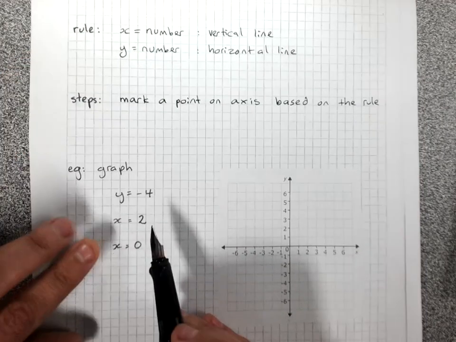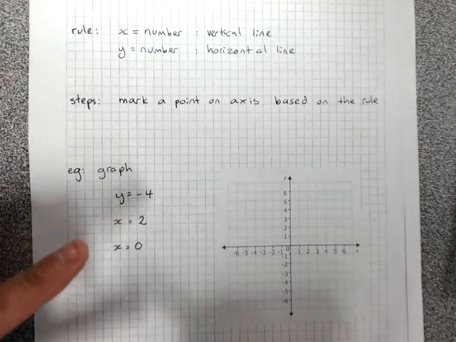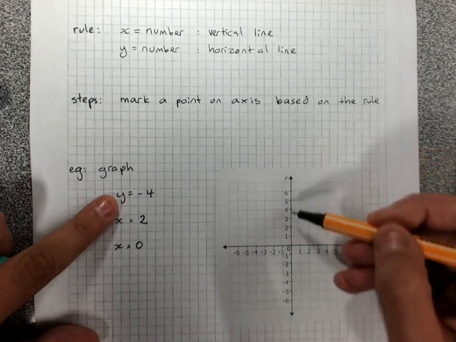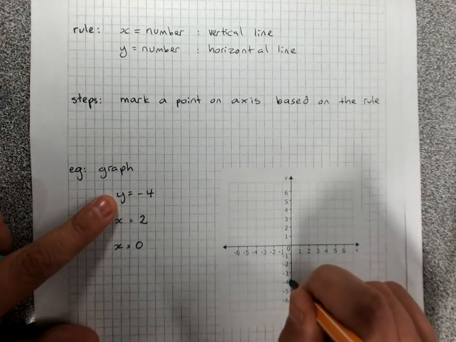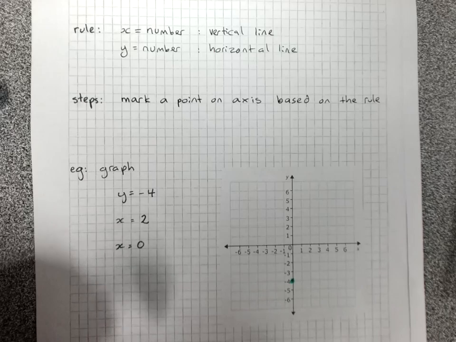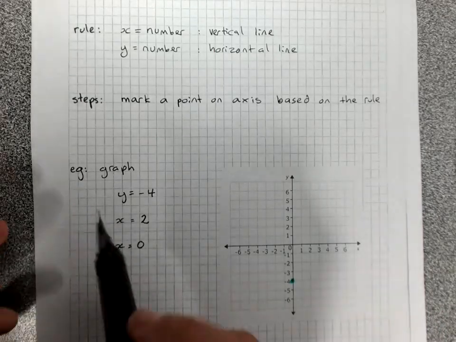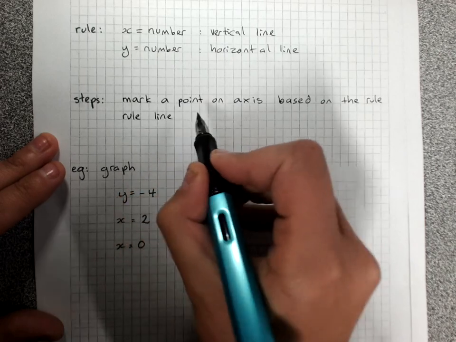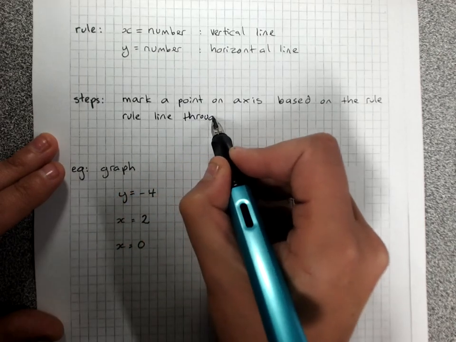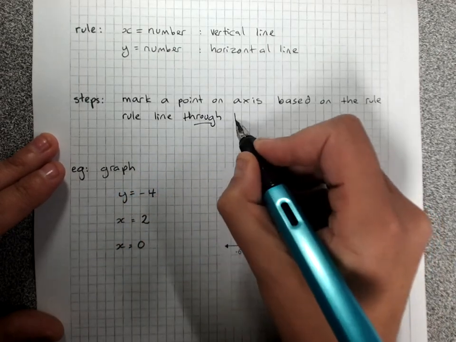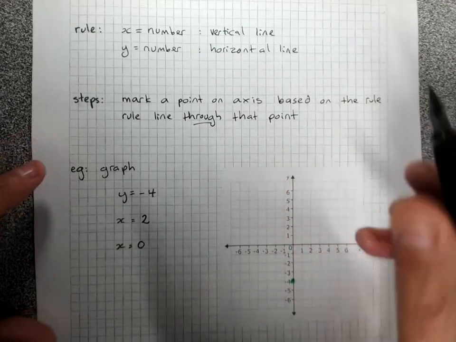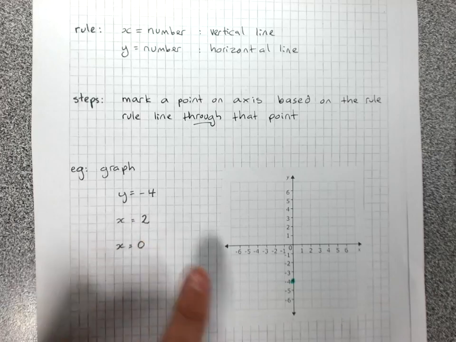So for this one, when I have to graph y equals -4, I go to the y-axis and I mark a point at -4. And then my second step is rule a line through that point. That line has to cut through that axis and go the correct way.